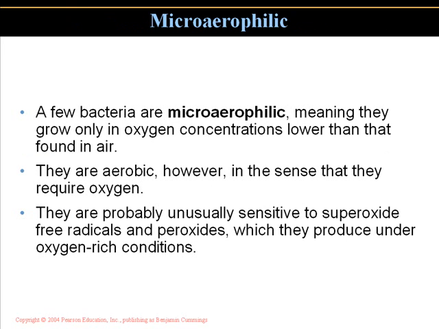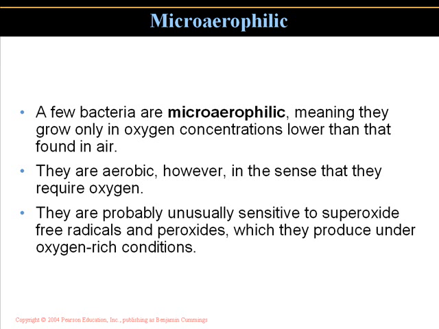of thing. A few bacteria are microaerophilic organisms, meaning that they'll grow in oxygen concentrations lower than what we typically find in air. They are aerobic; in a sense they require oxygen, but only at much lower concentrations than what we typically see in our environment.